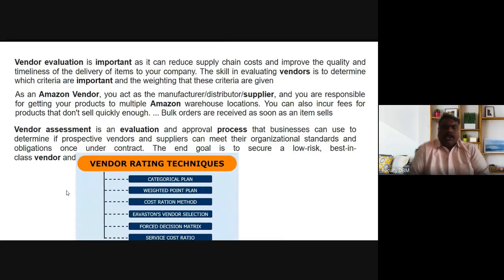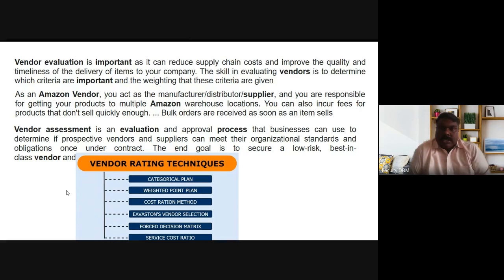Because if you are not going to rate any company without key performance indicators, then you are going to select a company which will not stand by its words, like delivery timing. They will say that tomorrow they are going to deliver the goods, but they deliver after 1 week. So it becomes very difficult for us to go with the production process.